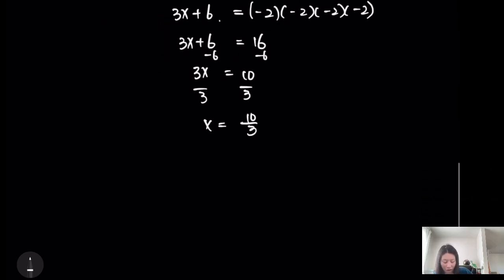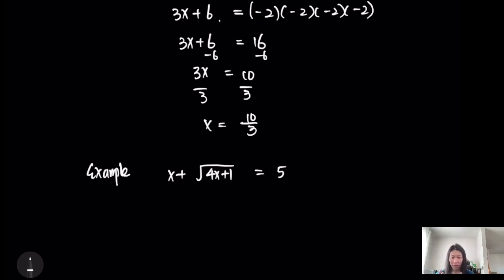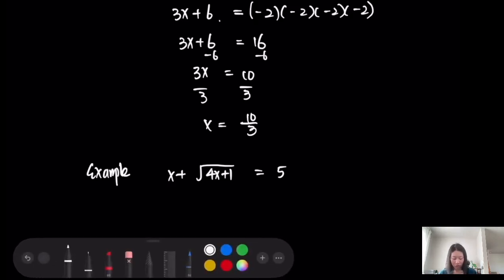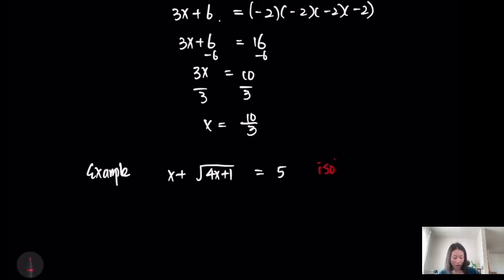Okay, the next one is you will see something like this. On the left side of the equation, you have more than just the radical. If you just simply raise both sides to a power, you will not be able to cancel it out. What you want to do is isolate the radical. What does it mean to isolate the radical?